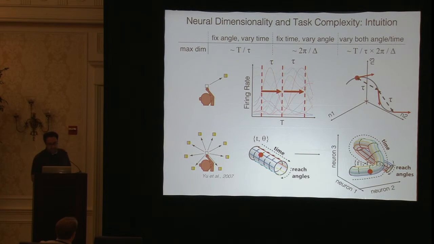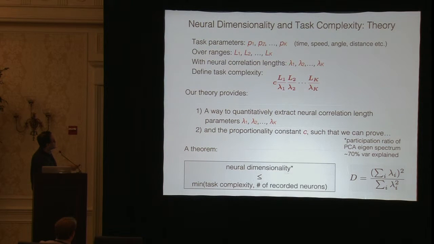So neural task complexity is essentially the volume of the task manifold divided by a set of autocorrelation lengths across each task parameter. And our theory essentially provides a quantitative way to extract these correlation lengths and, most importantly, the proportionality constant, such that we can prove a theorem that the dimensionality of neural data is less than or equal to the minimum of this neural task complexity and the number of neurons where we record, where we define neural task complexity to be this participation ratio of the PCA eigenvalue spectrum.